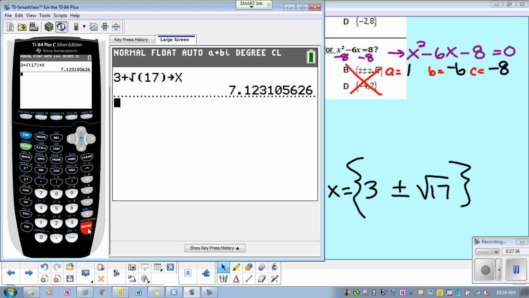Now, your original equation, x squared minus 6x equals 8? Put in x squared minus 6x. When you hit enter, if this is the solution, it should equal 8. Moment of truth. Equals 8. So I know that this is a solution.